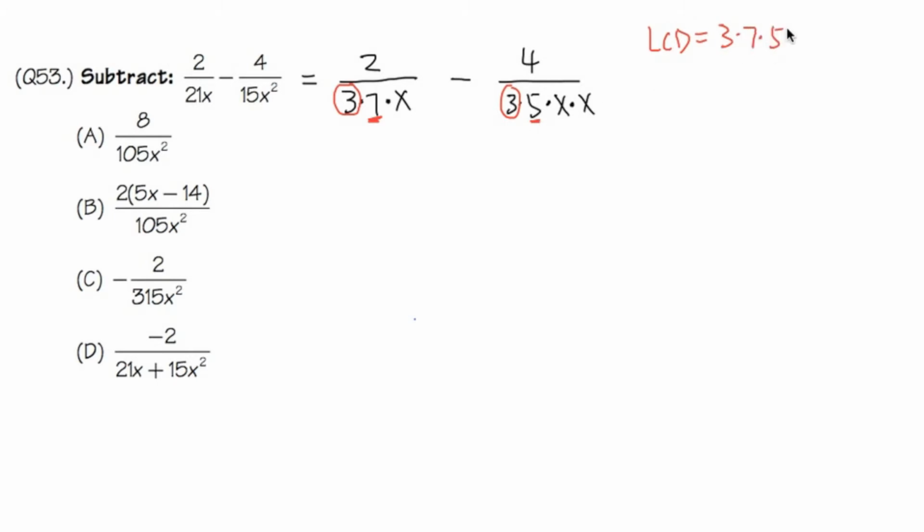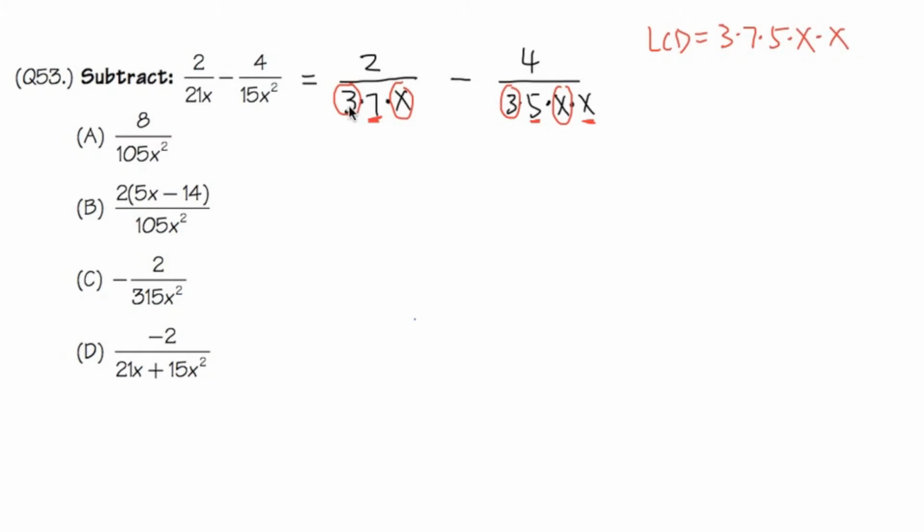We have to put them together. 3 times 7 times 5, that's how we put the numbers together for the lowest common denominator for these numbers. And then for the x, here we have an x, and then this one also has an x. So one of the x is in common, but then for this x, this is kind of like the leftover. I will also need to multiply with that. So the key right here is that you want to change both denominators into this, okay?